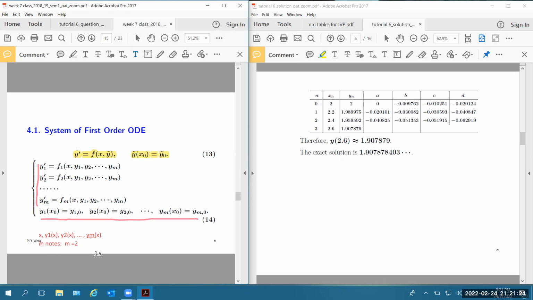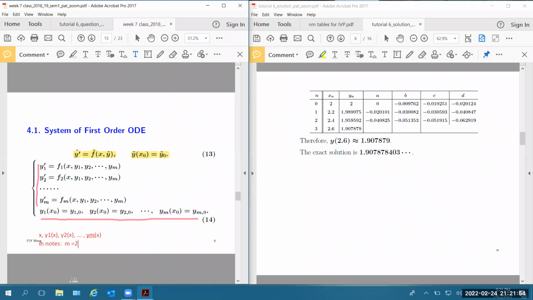How do we get this m? Oh, this one is from the question. It's like solving simultaneous equations. Maybe the question asks you to solve 2 simultaneous equations, maybe 3 simultaneous equations. You will know. Is it okay?